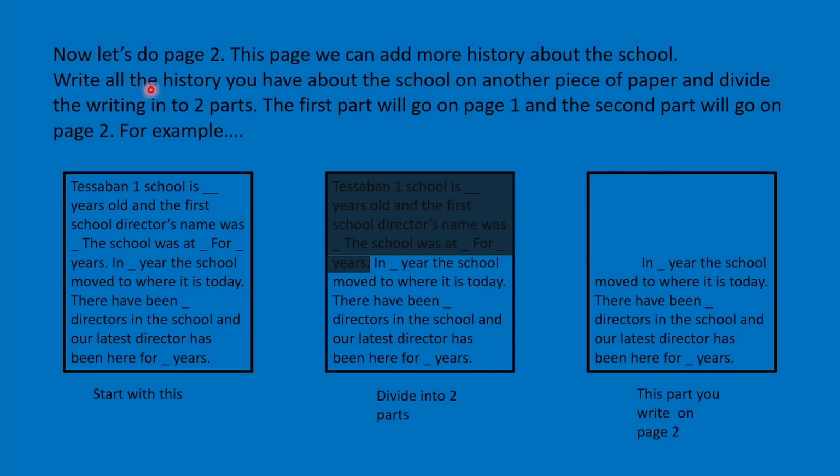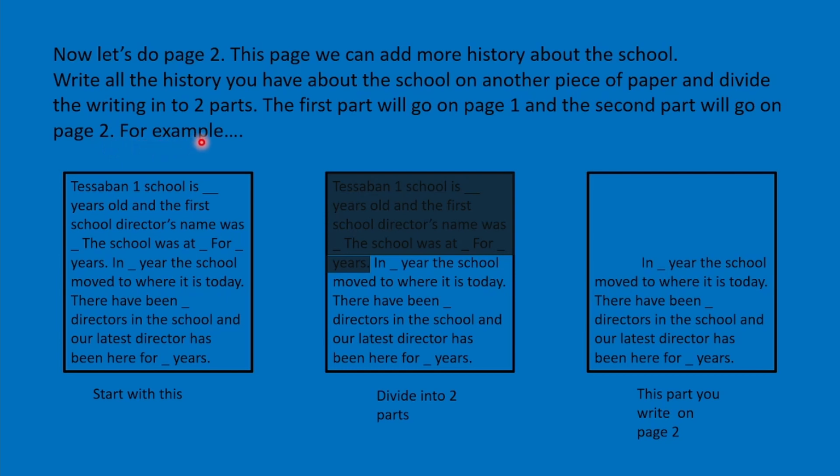Write all the history you have about the school on another piece of paper and divide the writing into 2 parts. The first part will go on page 1 and the second part will go on page 2.